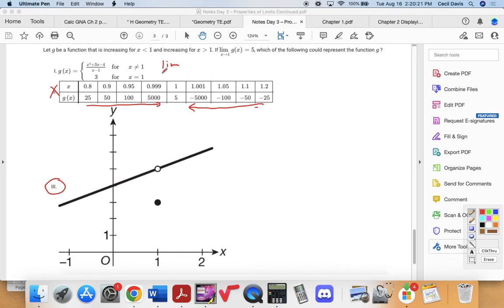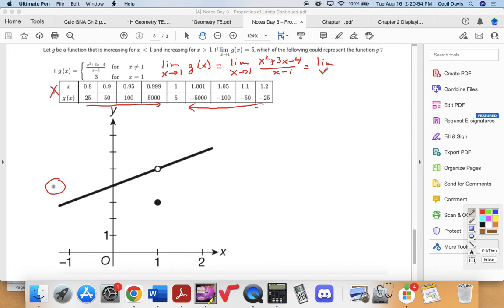The limit as x approaches 1 of g of x is going to be the limit as x approaches 1 of x squared plus 3x minus 4 over x minus 1. If I substitute in 1 directly, I get 0 over 0. That means something is going to cancel out.